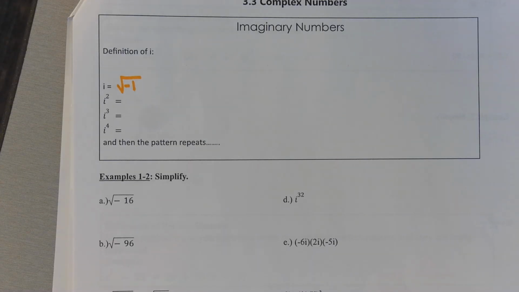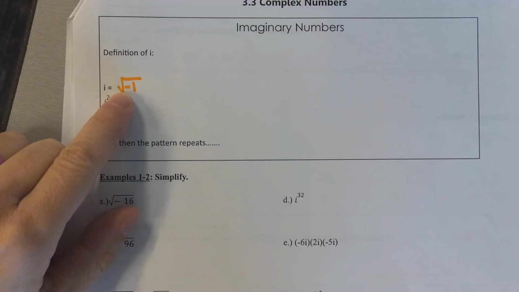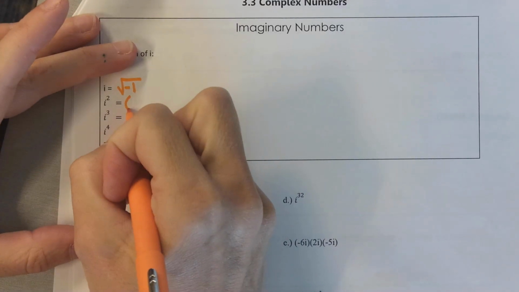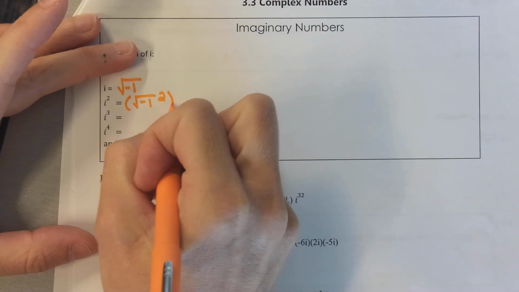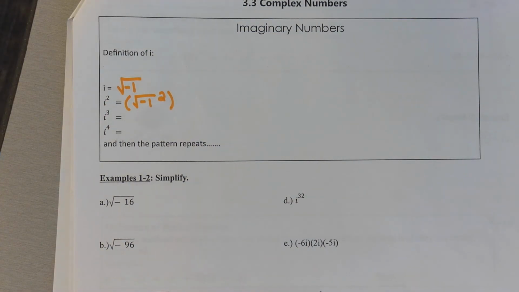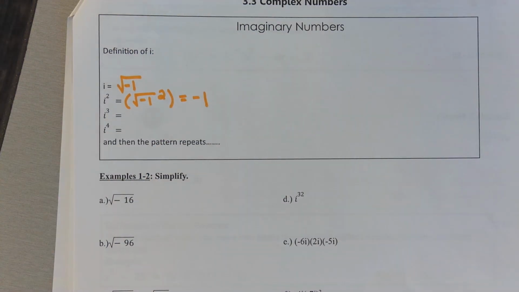Alright, so the next thing says i squared. Do you see how this is i? So i squared would be this same thing but squared. Well, what happens if you square a square root? It normalizes, equalizes, right? It comes out to just -1.